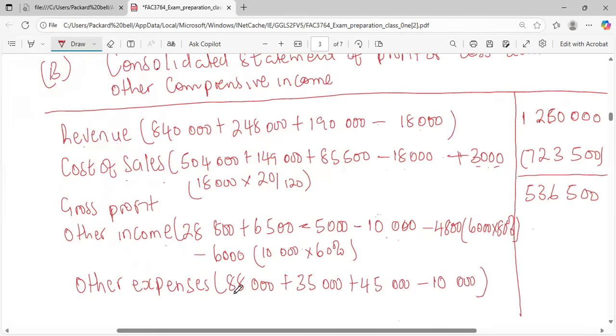Right? Other expenses. What else can come to other expenses? I think we can have a figure for this one. There is nothing else that we need, because income tax is going to be down there. So let's look at how much the other expenses are going to be here.